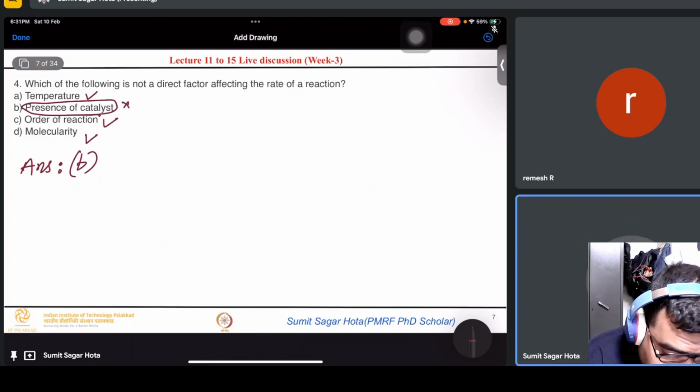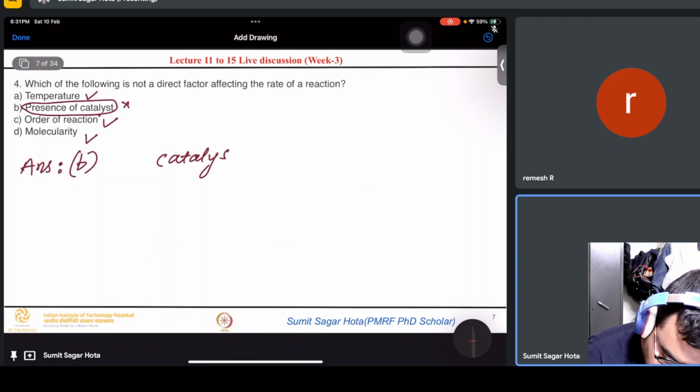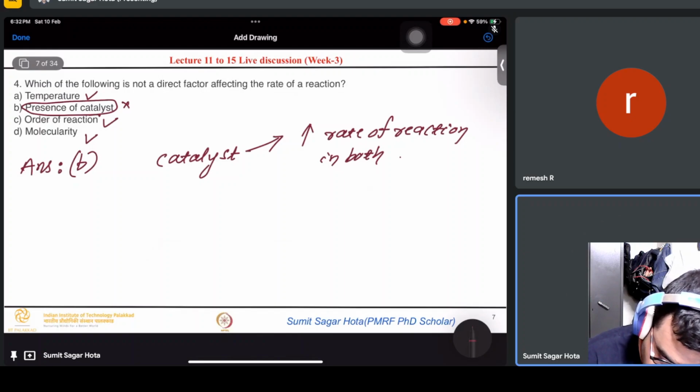One more problem with catalyst is that it can increase the rate of reaction in both forward and reverse direction.